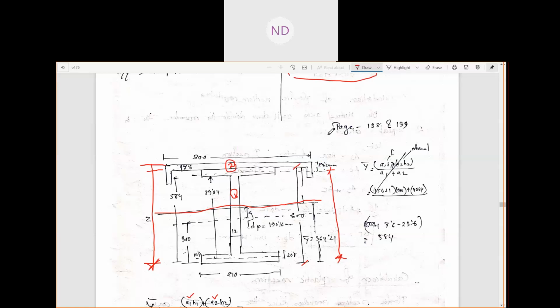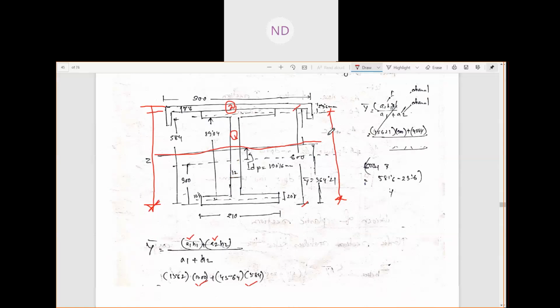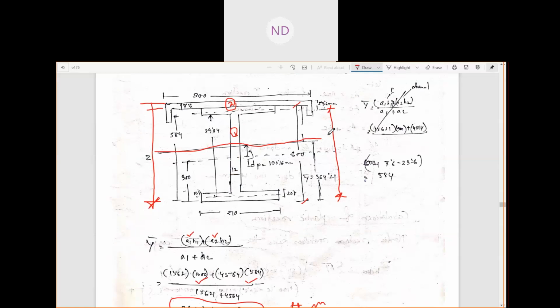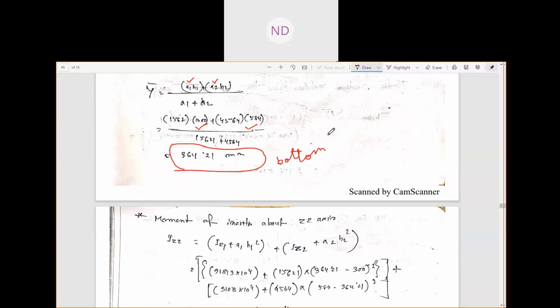Now we have got the CG of the entire built-up member. Now we can find out the moment of inertia of the I section and the channel section. So total about the Z axis, we will find IZZ1 plus IZZ2.